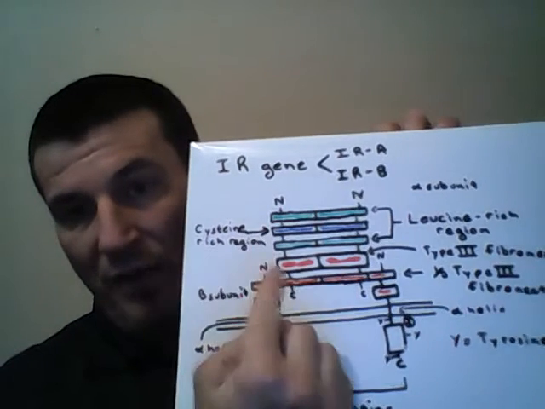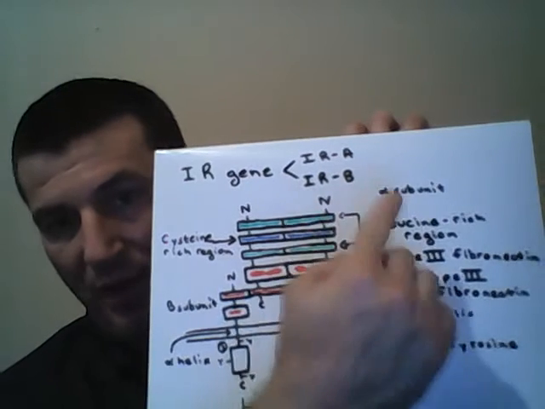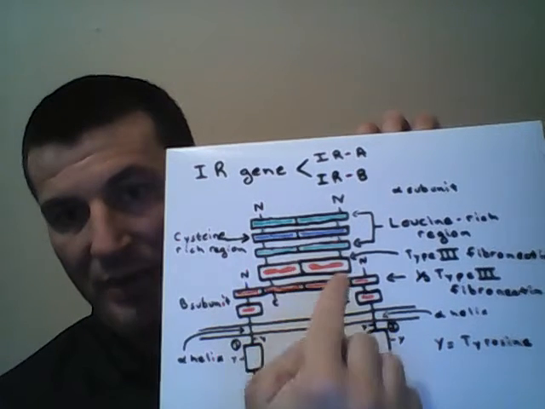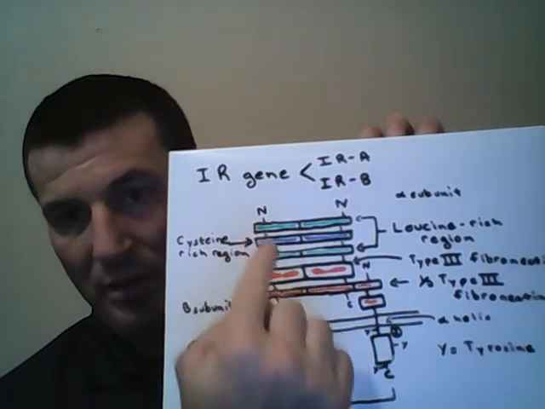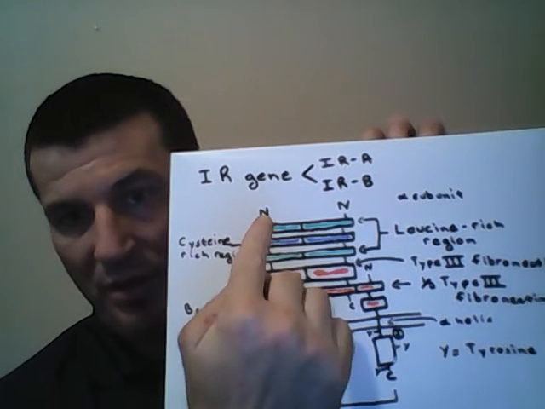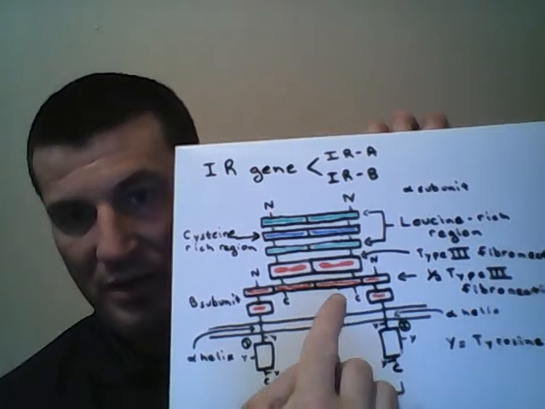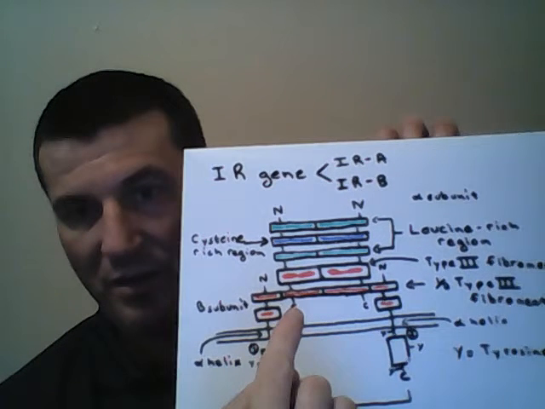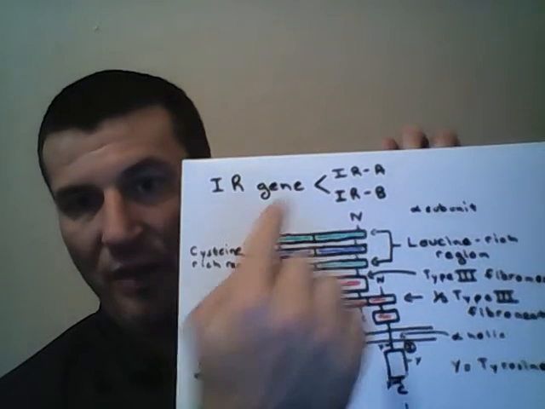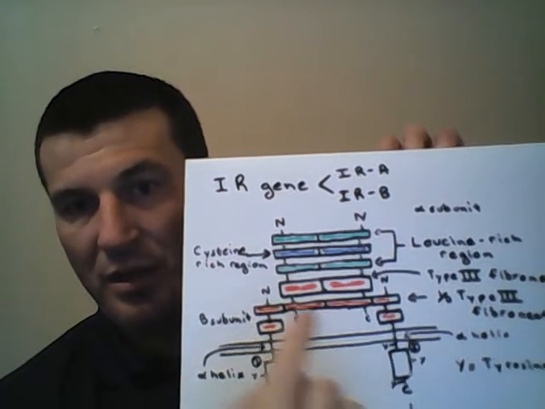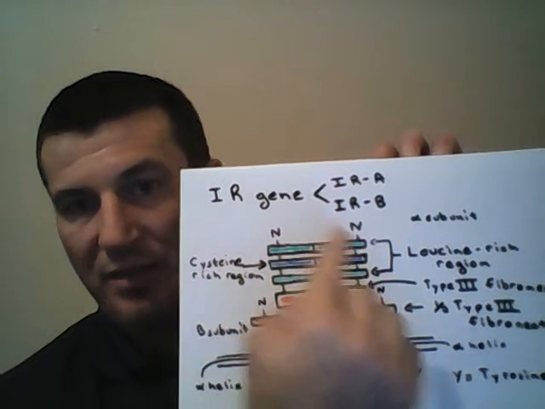Up here, these are 2 of the alphas that came together. You'll see right here, alpha subunit. So 2 of the alphas came together here. You'll see the amino terminus up here, the amino terminus up here, and the C terminus down here, and the C terminus down here. And that's for the alpha subunit of the insulin receptor.